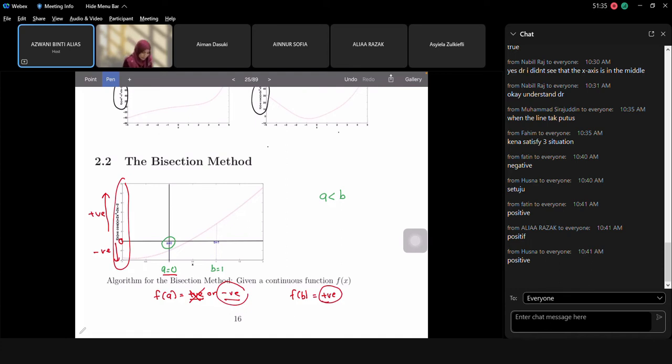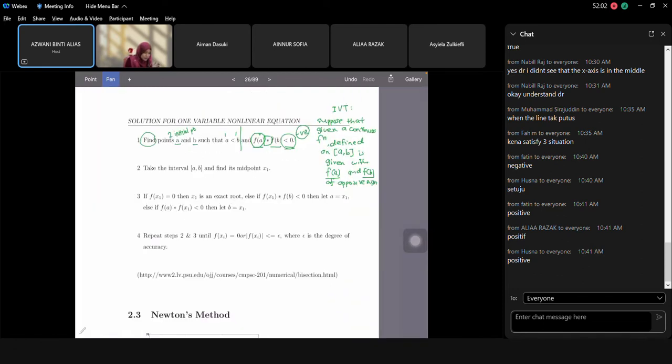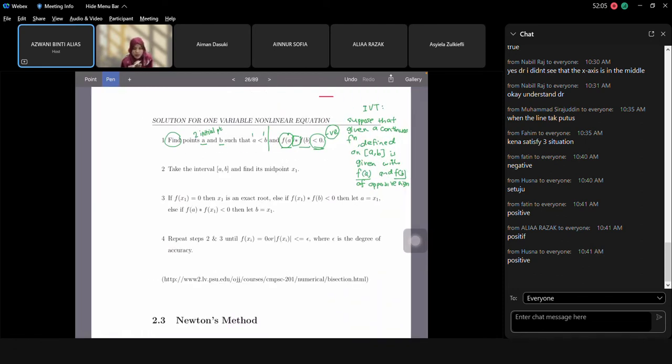Why must it be opposite sign? Because to proceed with this method, the product of FA and FB must be less than 0. It should be negative. If both have the same sign, positive-positive, the product will be positive. Negative-negative also gives a positive product. So the condition cannot proceed. The first condition is there are 2 points, A and B, A less than B, and the product of FA and FB should be less than 0, which is a negative value.